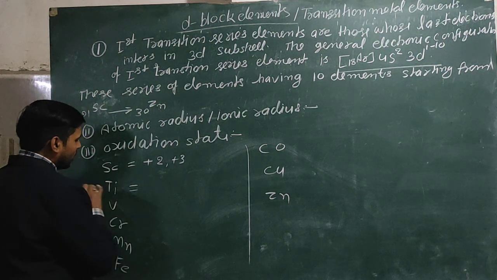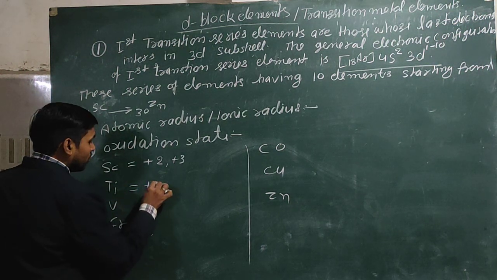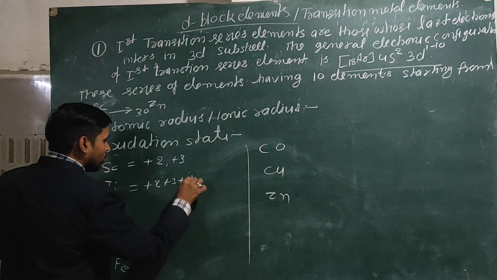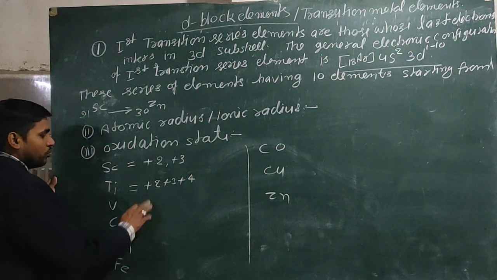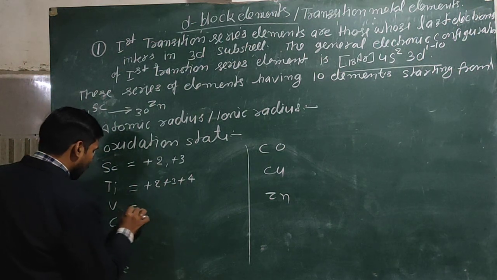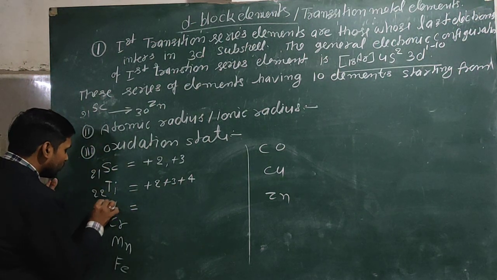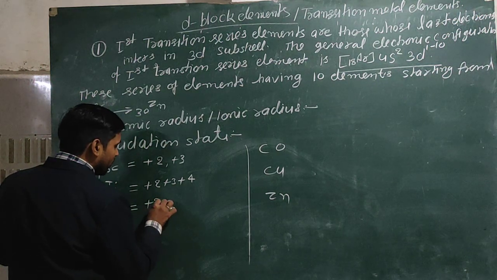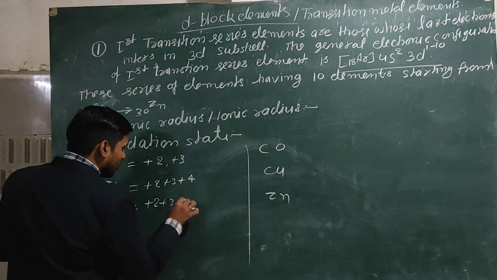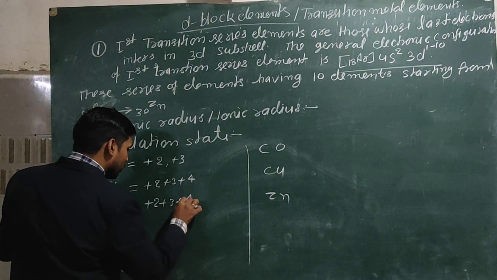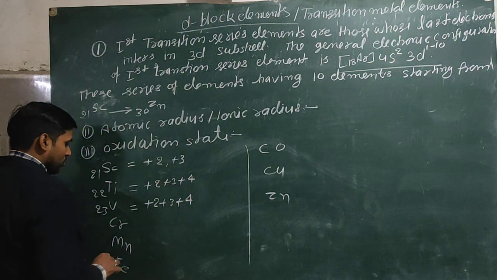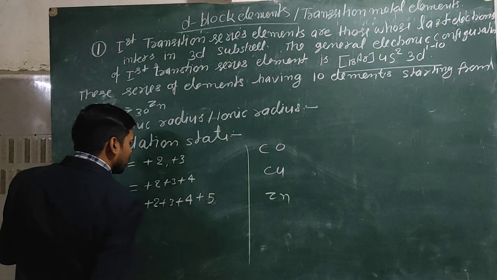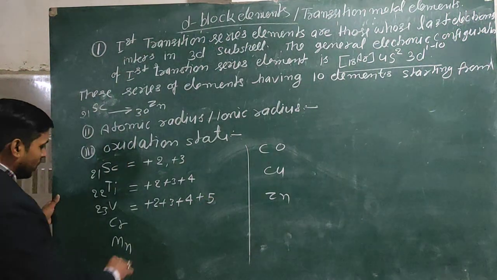The oxidation state of titanium starts from +2, +3 and it shows +4. Vanadium starts from +2 oxidation state, +3, +4 and +5, because it can lose its 5 electrons.